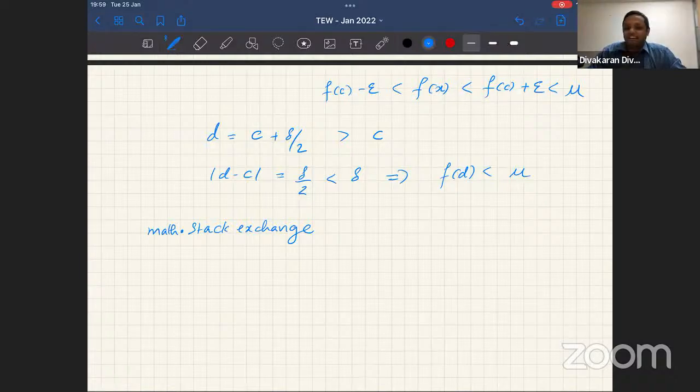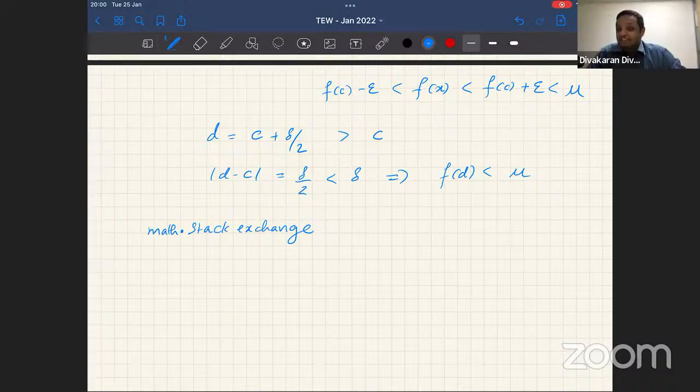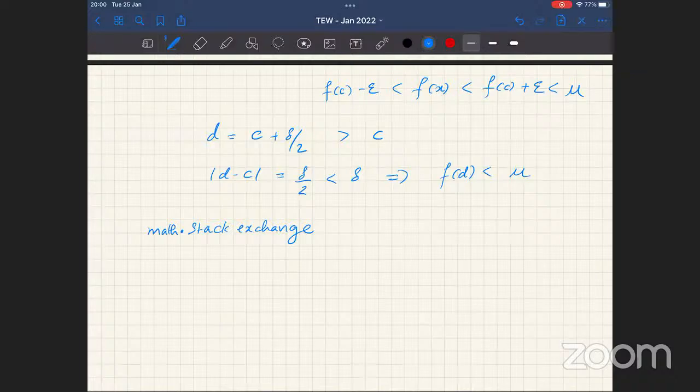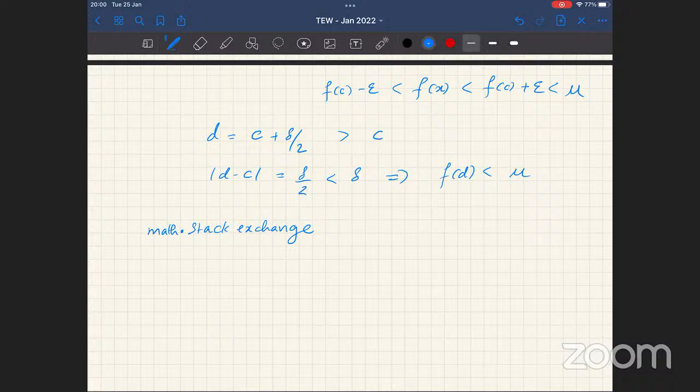About LaTeX and others. Absolutely. There is LaTeX Stack Exchange. There is Stack Exchange for almost every subject now. And in fact, not just subjects. There are even stack exchanges for things which are not subjects. There is a stack exchange for even wood carving. What carving? Wood carving. Oh, great.